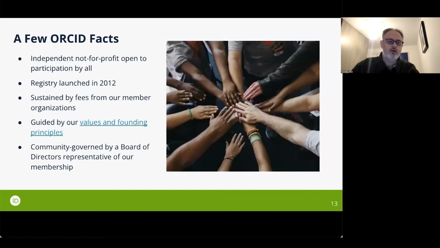So we're an independent not-for-profit organization. We're open to participation by all. And our service was launched in 2012. So the ORCID registry, as we call it, has been live for just about 10 years now. We are sustained by fees from our member organizations.